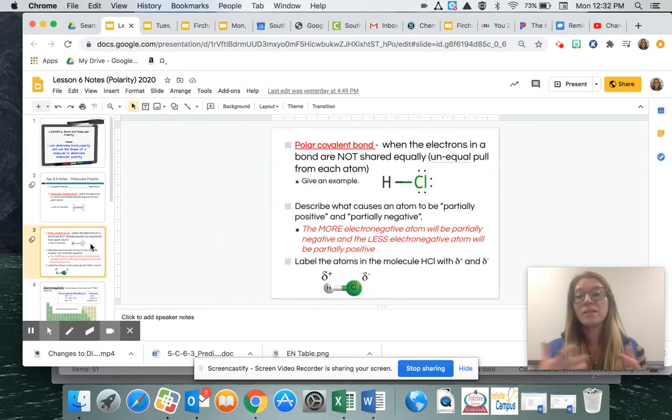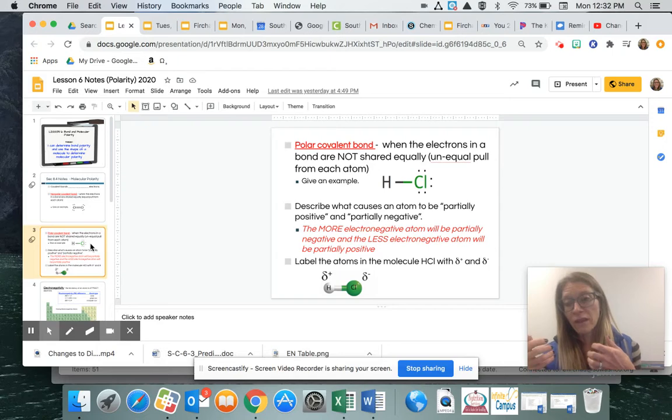Polar means that there is a pull in one direction or the other. So a polar covalent bond is when the electrons in a bond are not shared equally. So when there's unequal pull from each atom. So if you have HCl, if you think again about tug of war, hydrogen is pulling one way with a certain amount of strength.